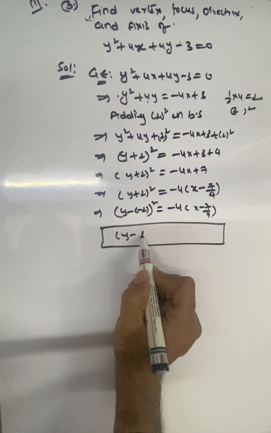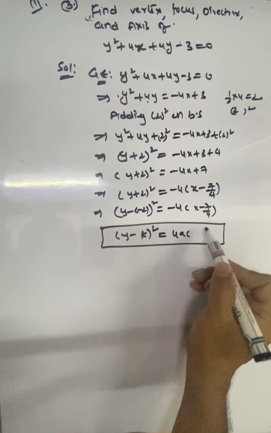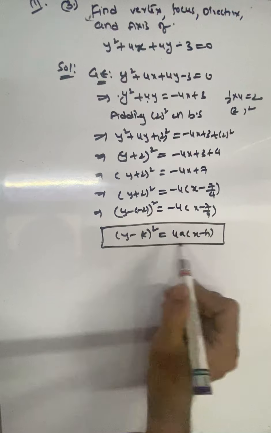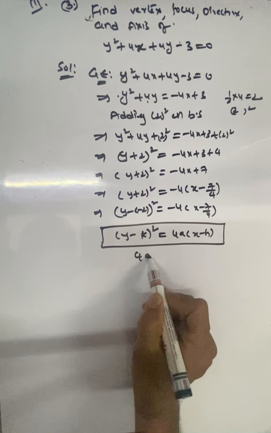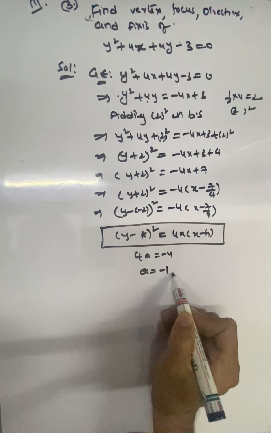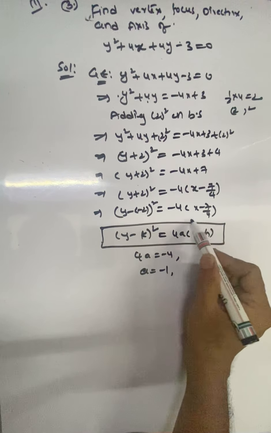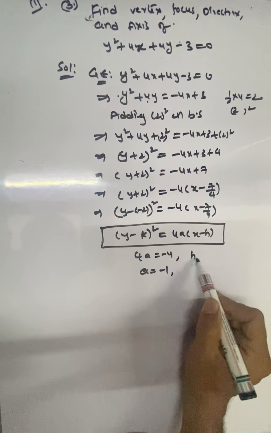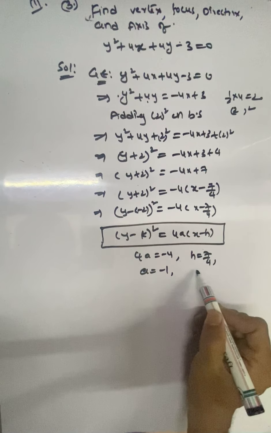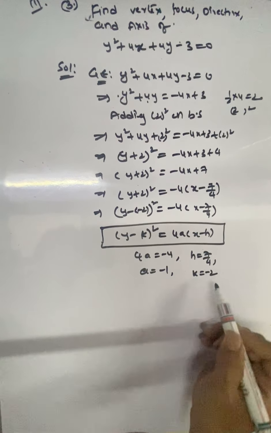Y is always in combination with k, 4a, x is with h, so it is quite easy to remember. 4a is equal to minus 4, so a is equal to minus 1. So what is x minus h? x minus cancelled, h is equal to 7 by 4. k is equal to, y minus cancelled, minus 2.